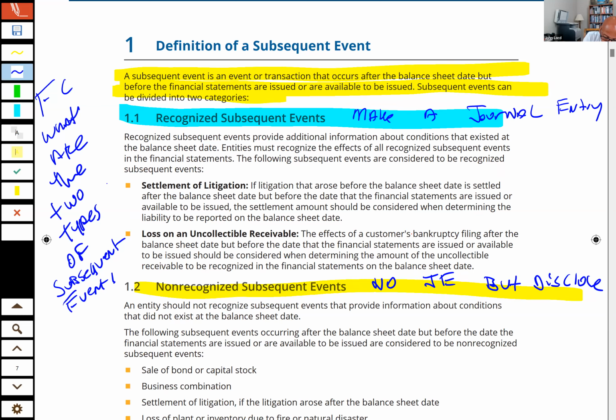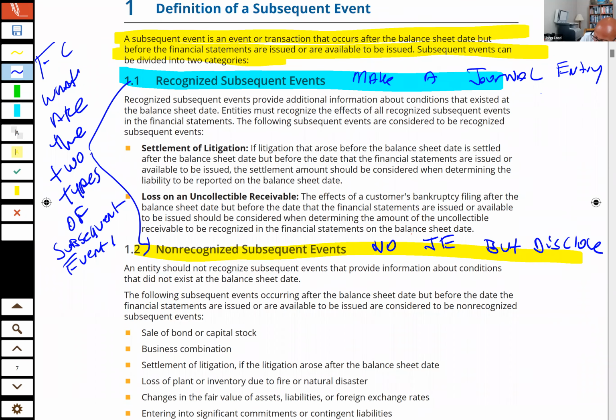One that is recognized and one that is considered non-recognized. For the recognized subsequent event, make a journal entry and disclose. I should have put that there. Make a journal entry and disclose. And for the non-recognized subsequent event, no journal entry, but you are to disclose.